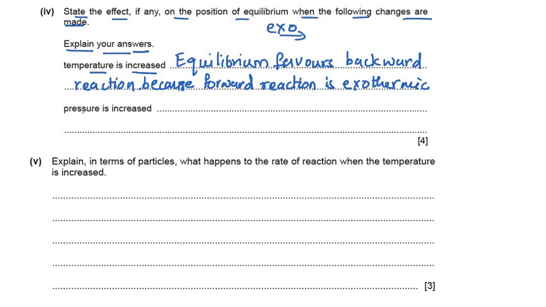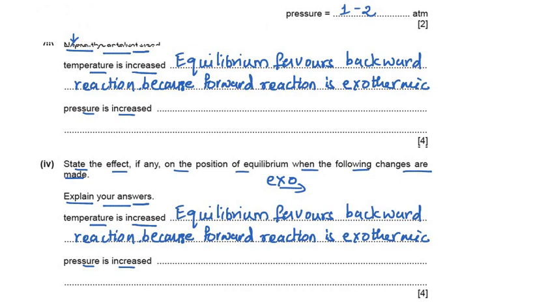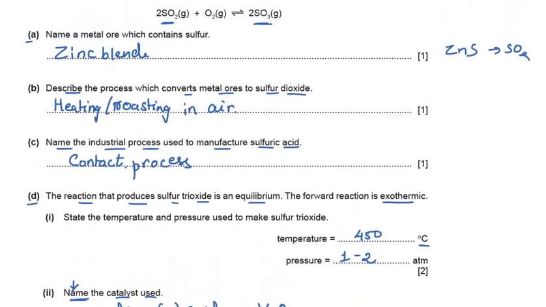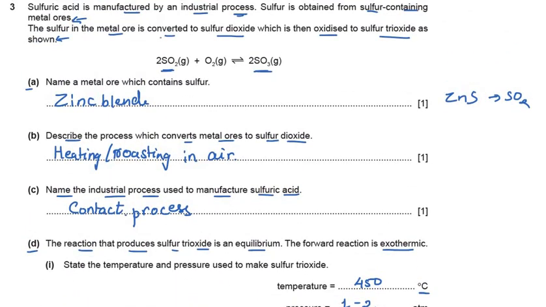Now if the pressure is increased, to look at the effect of pressure, let's have a look at the reaction again. Here you can see that there are 2 moles of sulfur dioxide and 1 mole of oxygen, so total up with the 3 moles of both the reactants, and on the product side we have just the 2 moles of sulfur trioxide.